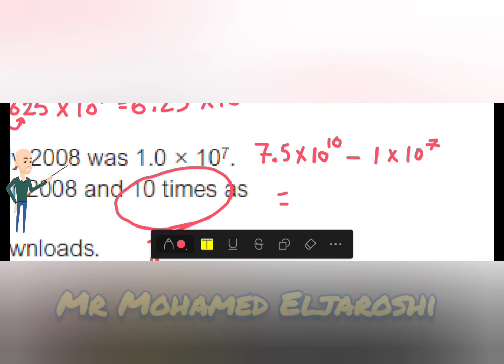Minus 1 times 10 power 7. Then you close the brackets. So it's going to be 7.499 times 10 power of 10.